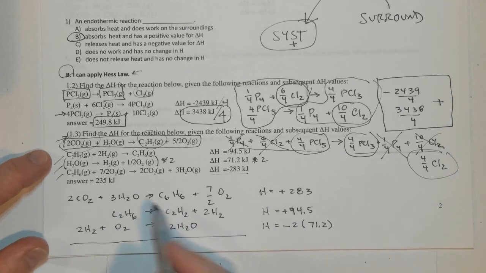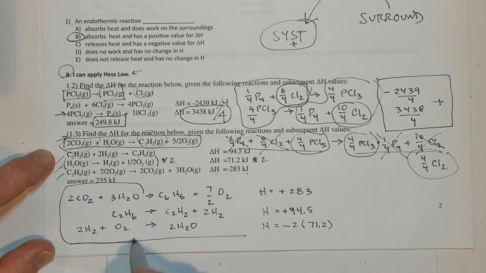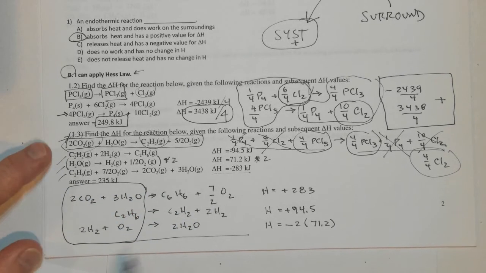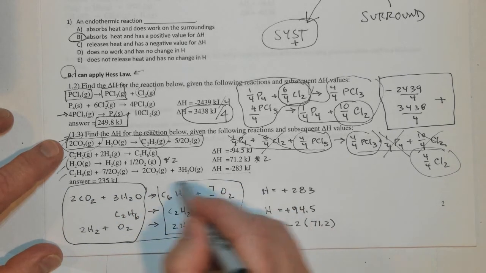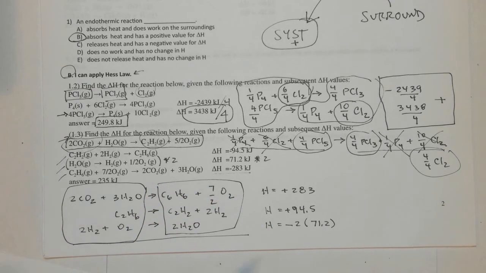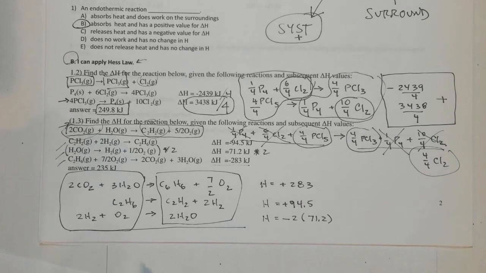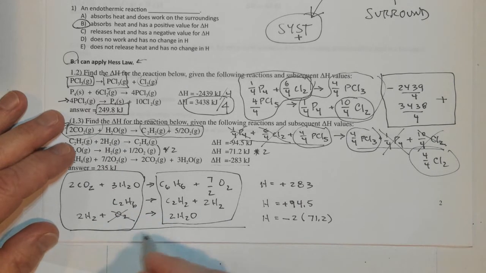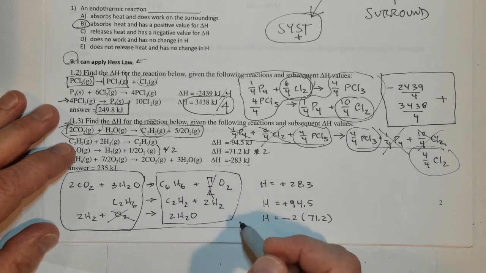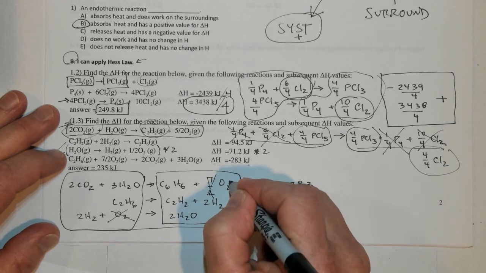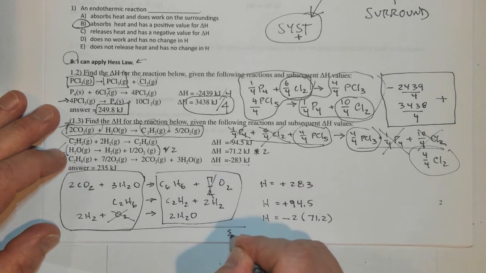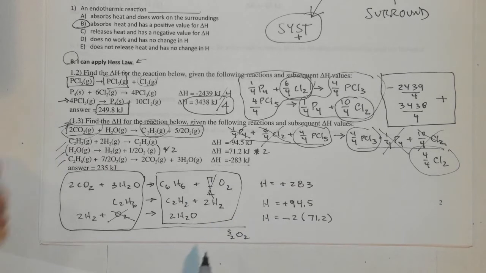All right, adding these reactions together then, I get all of these species on the left-hand side, all of these species on the right-hand side. And before I rewrite this one, now since we're a little bit more experienced with it, I'm going to do the canceling. So you'll notice the O2 would go away, and I'd end up with not 7/2 O2 here, but 5/2 O2. So 5/2 O2 I'd end up with on this side.